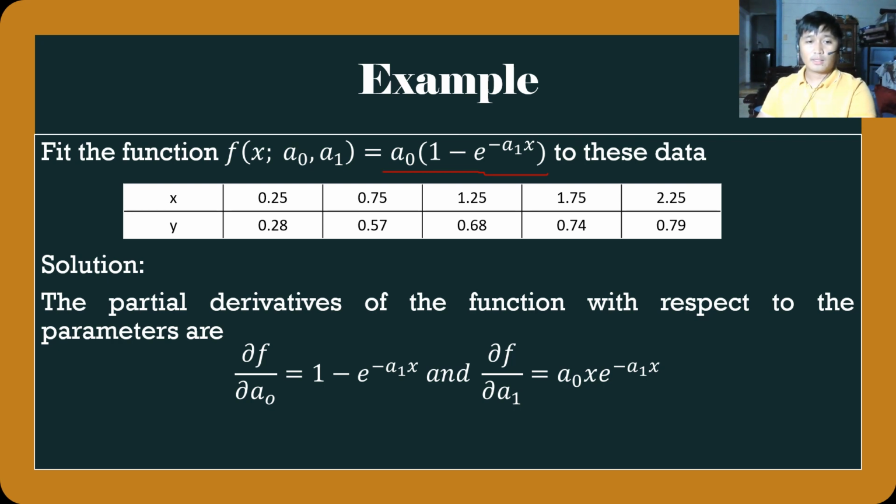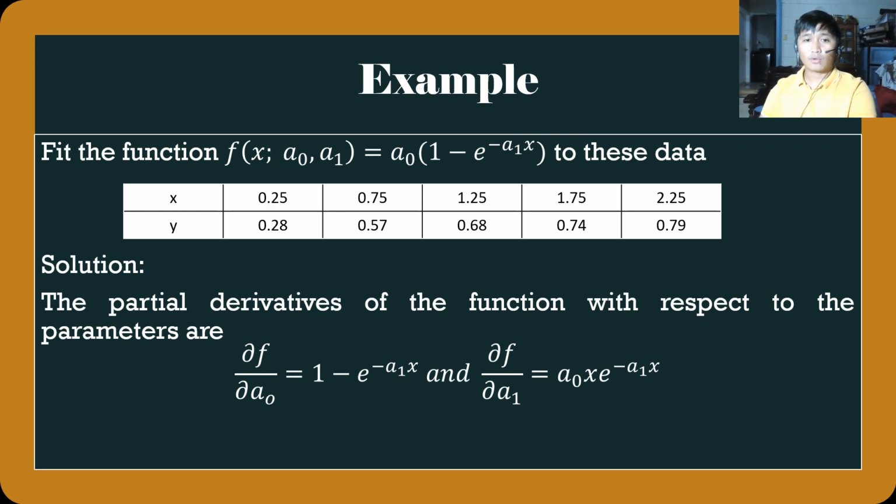Since we are differentiating with respect to a sub 0, any other variable on the right side is a constant. So this a sub 1 and this x are constants.